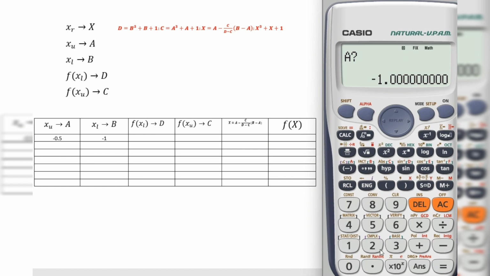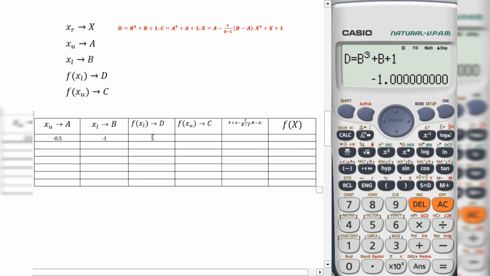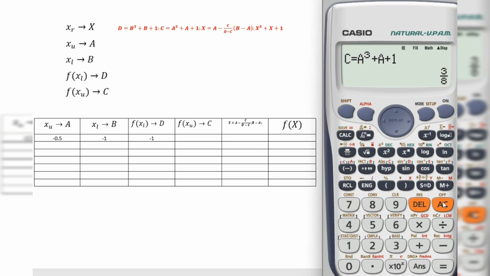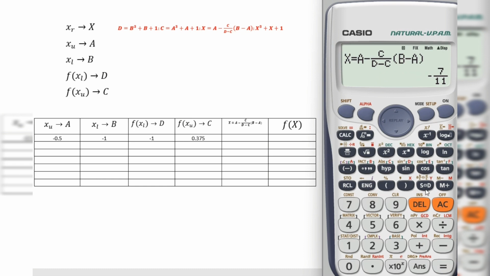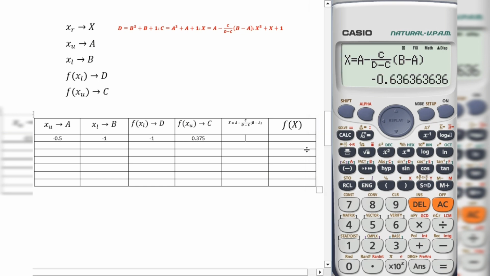A is minus 0.5, equal button. Then D is equal to minus 1, again equal button. Then C is equal to positive 0.375, again equal button.